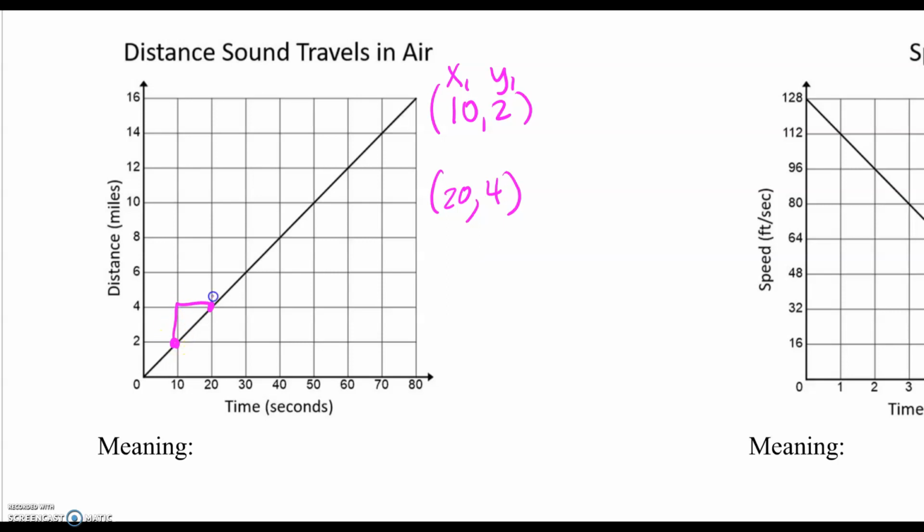Because a lot of times students will just tell me the slope is 1 over 1, because they forget about the numbers that each one represents. So we're not going to do that. Okay, so this is x2 and y2. So it's 4 minus 2 over 20 minus 10, which is 2 over 10, dividing the top and bottom by 2, 1 over 5. So I got 1/5 altogether.